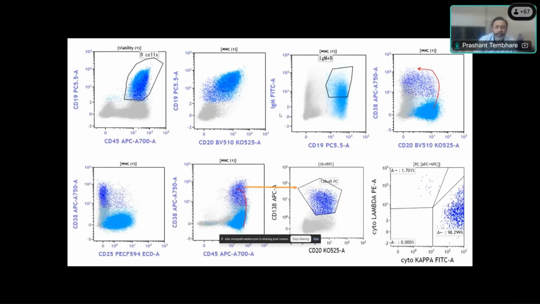Lymphoplasmacytic lymphoma, in addition to Waldenström macroglobulinemia, can be defined without IgM also, right? So you can have non-IgM lymphoplasmacytic lymphoma, and it is diagnosed using flow cytometry or even IHC, tissue biopsies, with the presence of abnormal clonal lymphocytes and abnormal clonal plasma cells.